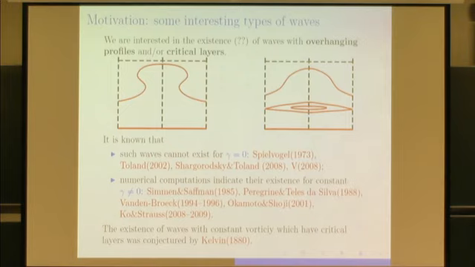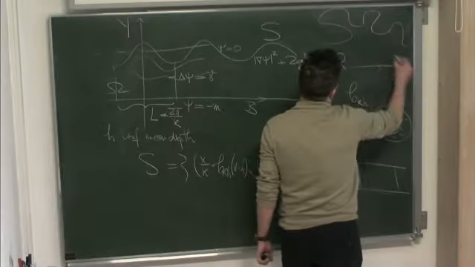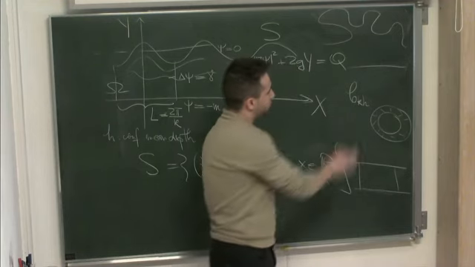Typically, the simplest situation is when this is a graph and every level set is also a graph. But here a critical layer is a level set which is closed. In the case when there is no vorticity, it has been proved by Spielvogel, with some refinements, that even if you start with arbitrary geometry, such things cannot occur.